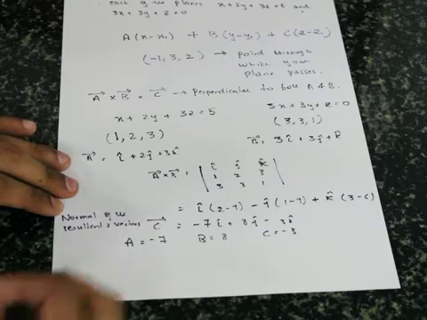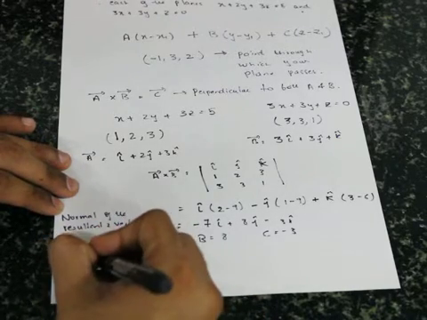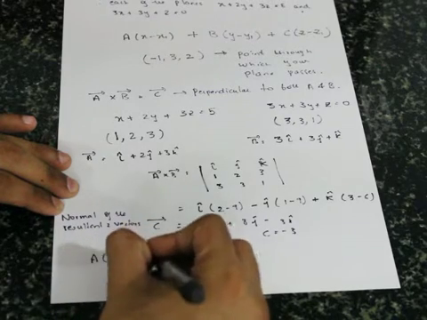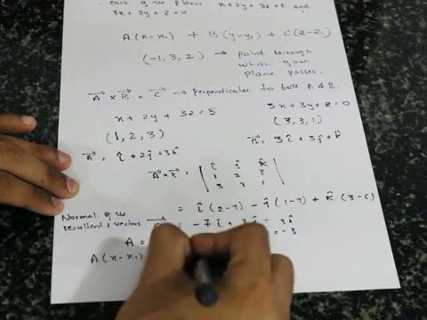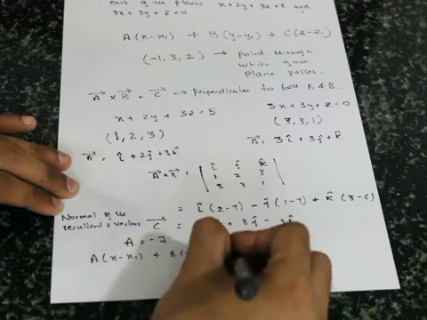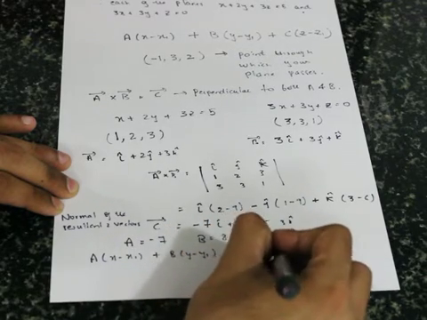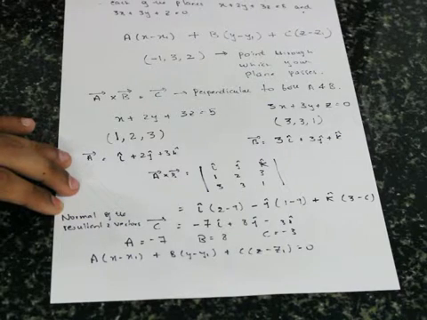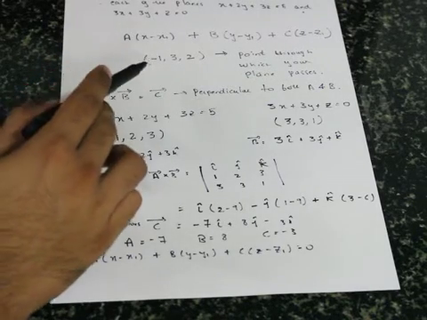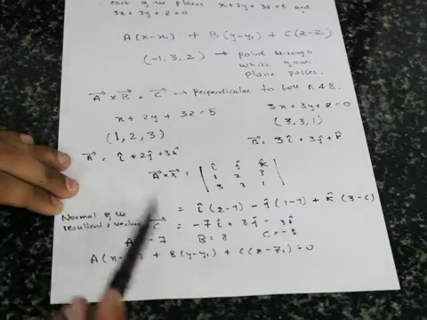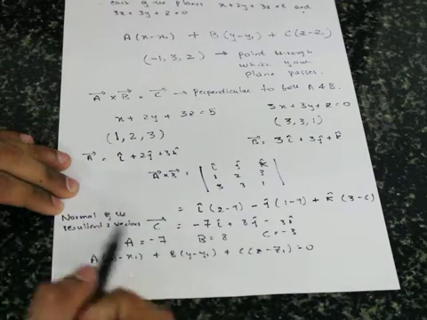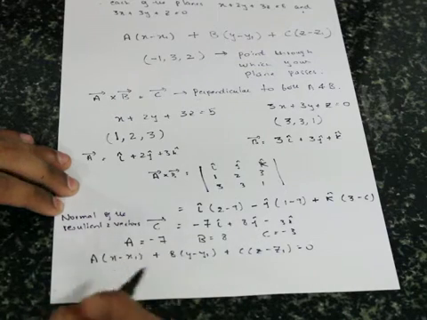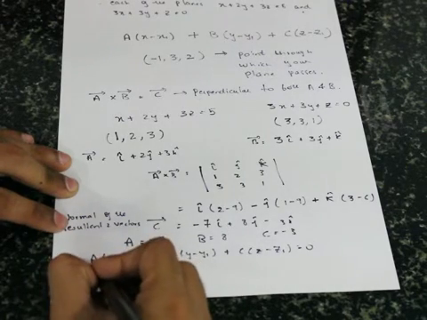Now substituting back into our equation, a(x - x1) + b(y - y1) + c(z - z1) = 0, what do we get? We substitute the point (-1, 3, 2) as x1, y1 and z1, and a, b and c as we have obtained above. So there we go.